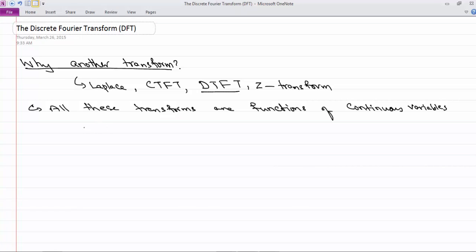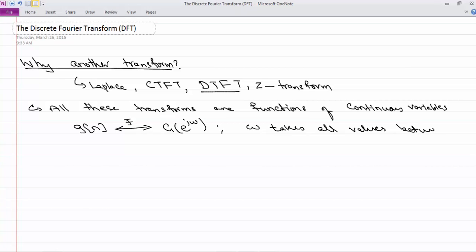So we have a sequence g[n], you compute its DTFT, you get G of e to the j little omega. Well, little omega takes all values, even if you stay between minus pi and pi, it takes all values between minus pi and pi. So little omega is a continuous variable.